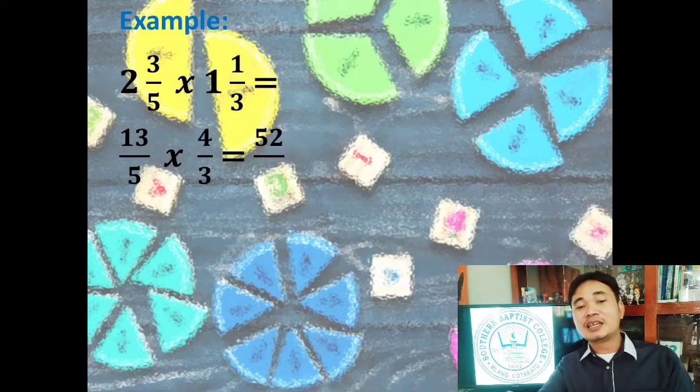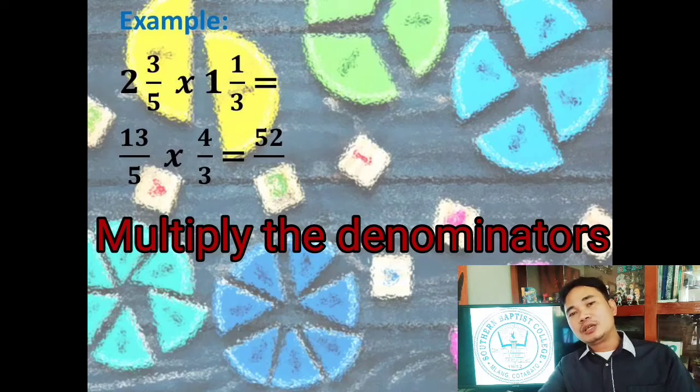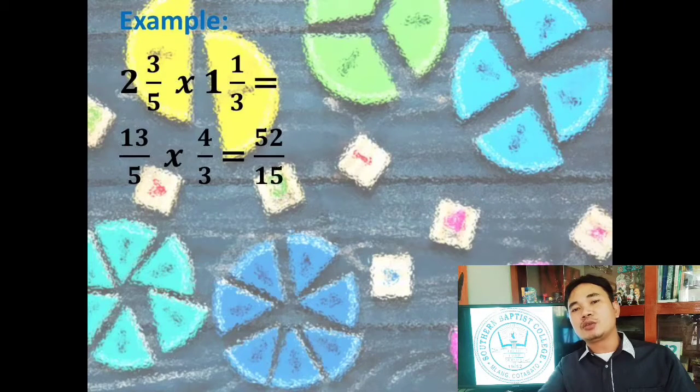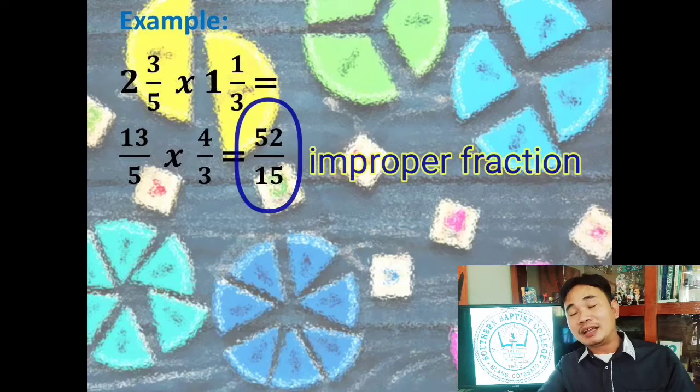As what I've said, magiging improper fraction ito, so expected natin na ang ating denominator is mas maliit kaysa sa 52. Next, proceed with the third step. Multiply the denominators, 5 times 3, and that is equal to 15. So now, ito na yung magiging answer natin for improper fraction pa lamang. Hanggang doon pa lamang tayo sa third step.